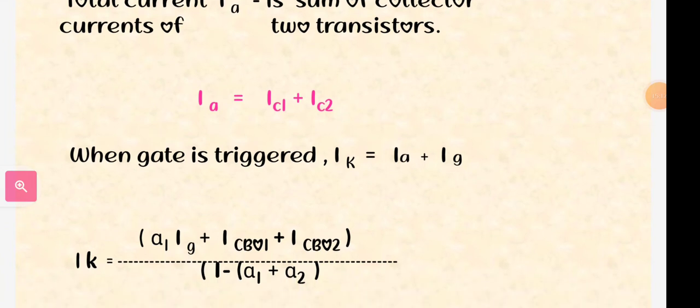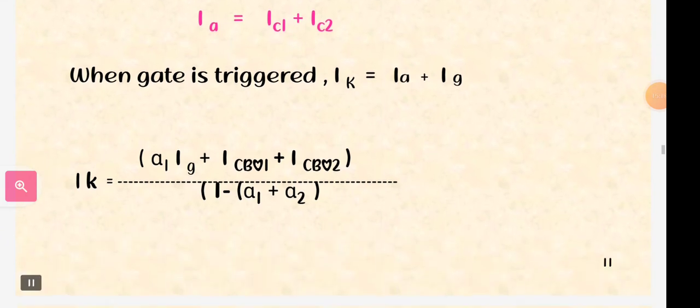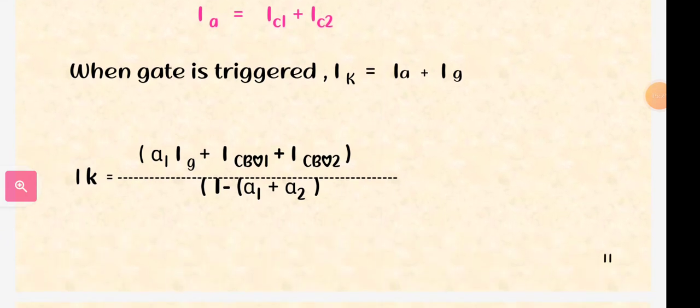So when the gate is triggered, IK is equal to IA plus IG. Finally, the cathode current is equal to alpha 1 times the gate current plus ICBO1 and ICBO2, the collector and base currents of transistor 1 and transistor 2, divided by 1 minus alpha 1 plus alpha 2.